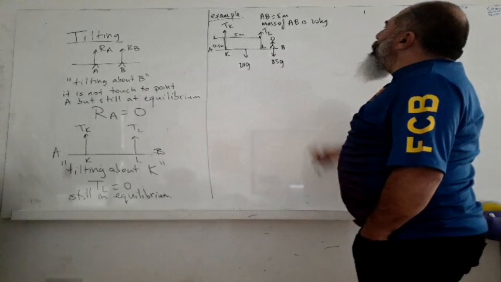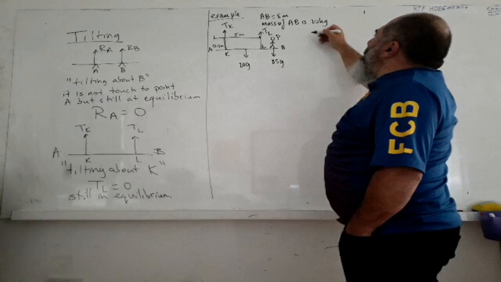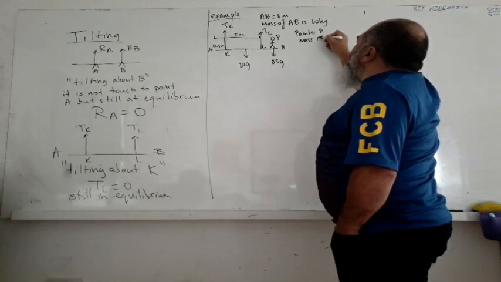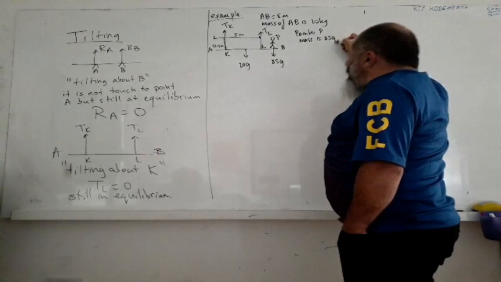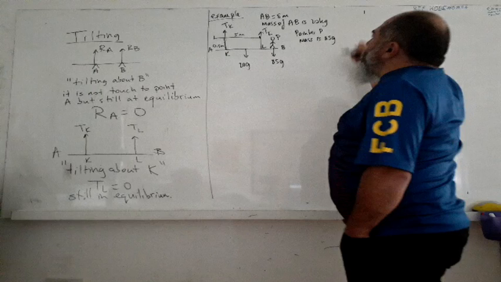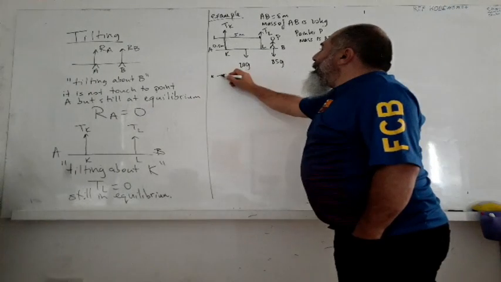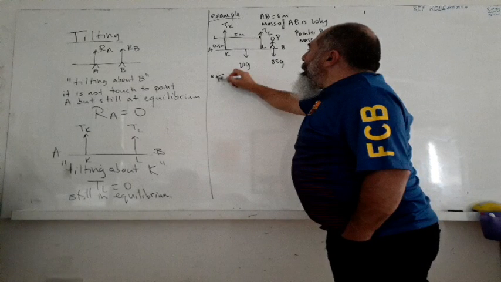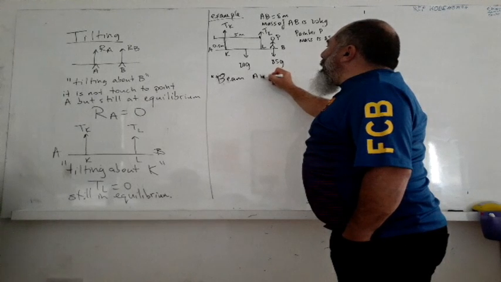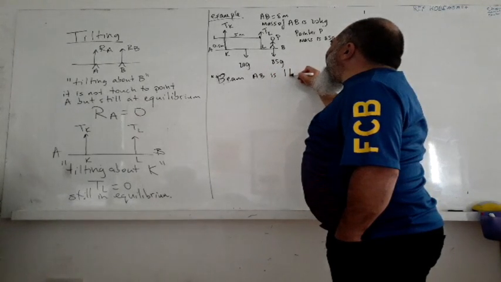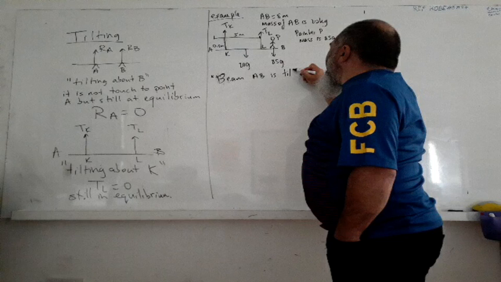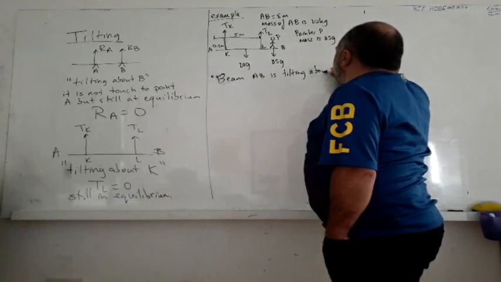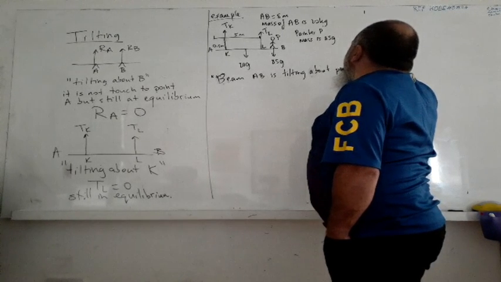Painter P mass is 85 G, and say that the beam AB is tilting about point L.